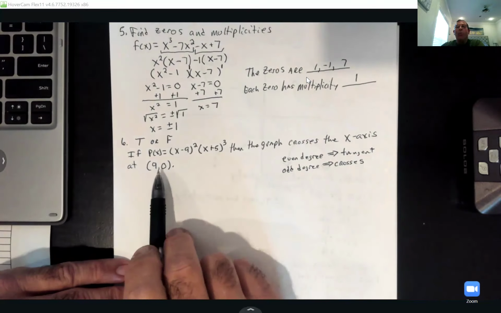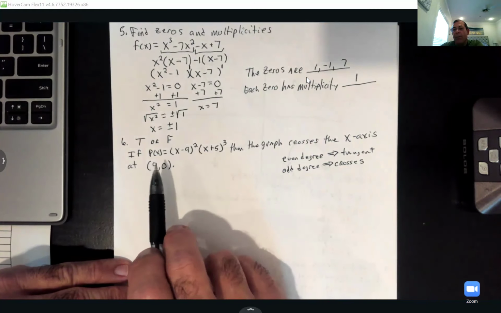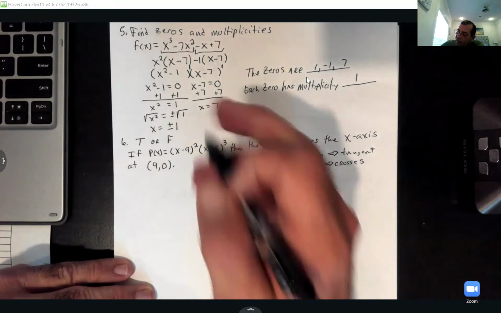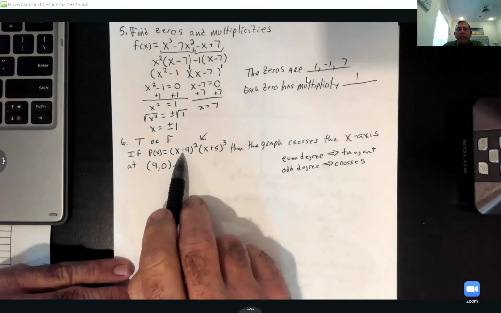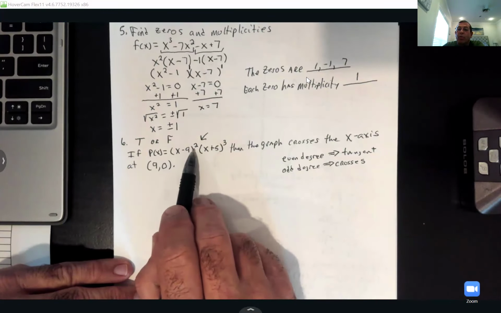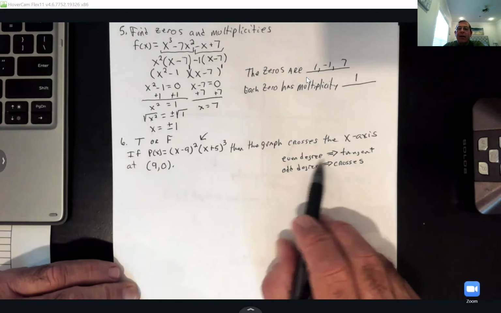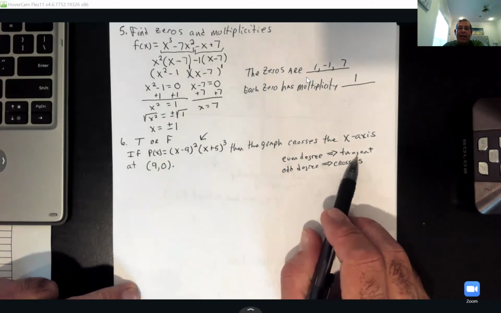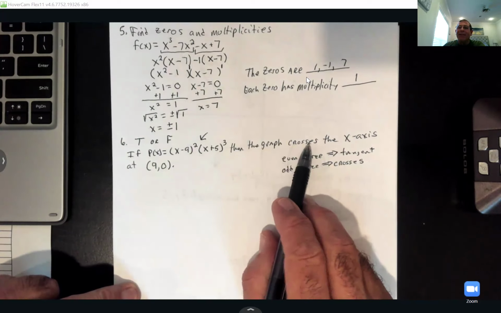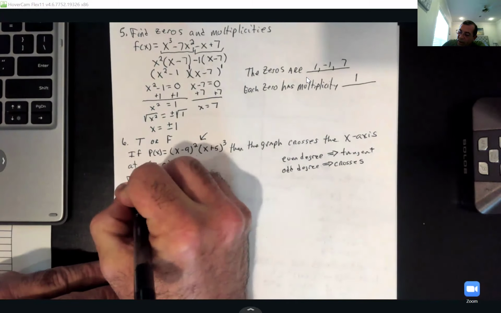But we got to figure out which of these two factors the 9, 0 came from. Well, the 9, 0 came from the first factor, the x minus 9 squared. So since that 9 came from this x minus 9 squared, I'm looking at its multiplicity, which is a 2. 2 is an even number. That means that it would be tangent to the x-axis. Well, they said it crosses. So since it's actually tangent and it don't cross, this would be false.